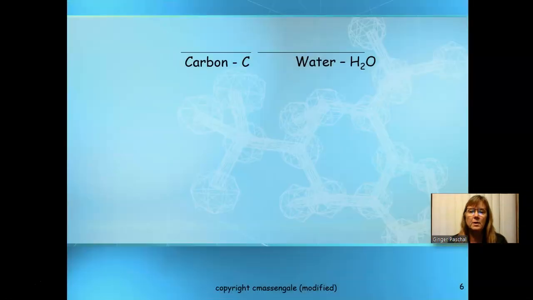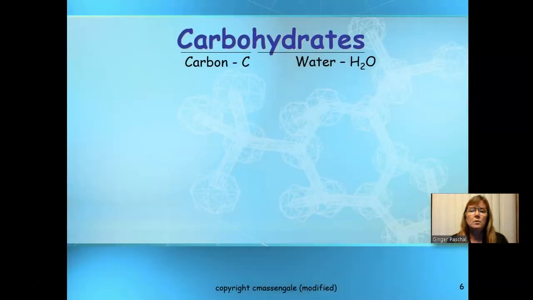So let's talk about carbohydrates. If you look at the word carbohydrate, you can actually break the word apart. Carbo stands for carbon, and hydrate literally means water. So if you look at a molecule and want to find out if it's a carbohydrate, you can look at the ratio of carbons to hydrogens to oxygens.